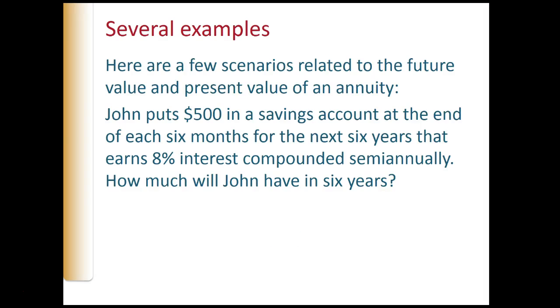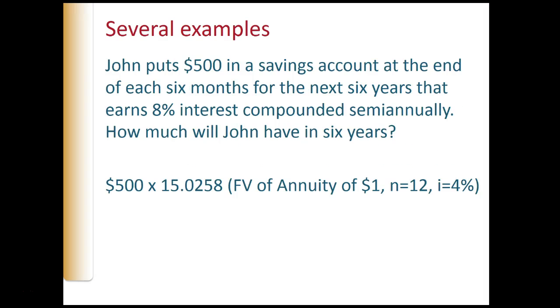John puts $500 in a savings account at the end of each 6 months for the next 6 years that earns 8% interest compounded semi-annually. How much will John have in 6 years? So again, we want to look at the future value, Table 3. Since it's being compounded semi-annually, the number of periods is 6 times 2, because they're compounded twice a year.